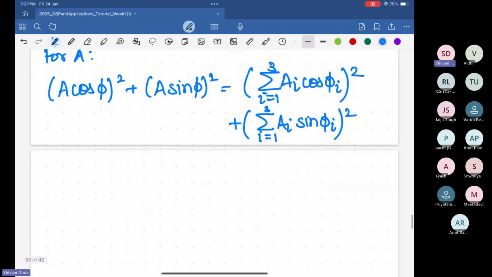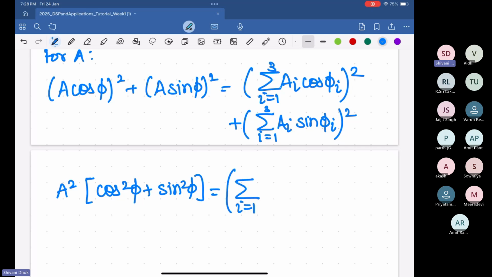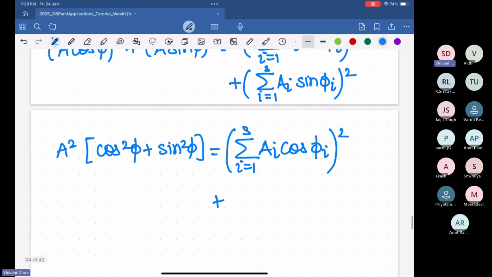So therefore, what we get is A square cos square phi plus sin square phi equal to summation i equal to 1 to 3 of (A_i cos phi_i) square plus summation i equal to 1 to 3 of (A_i sin phi_i) whole square.